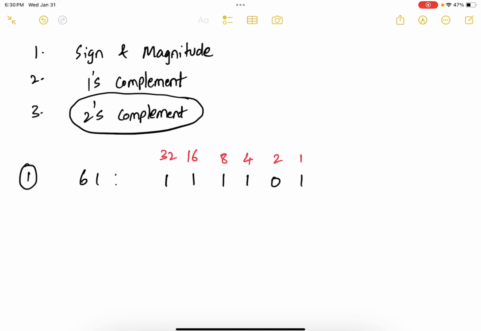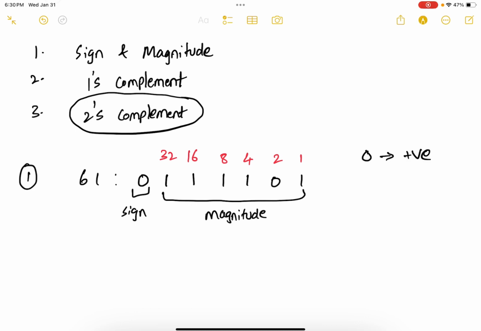Now this is a positive 61, so I'm going to add an additional bit at the MSB, and since it's a positive number, I put my sign bit as a 0. This is known as the sign bit, and this is the magnitude. So your sign is a 0 if the number is positive.